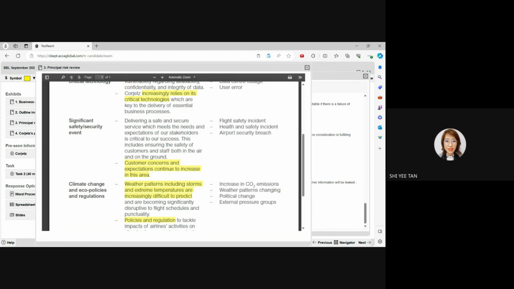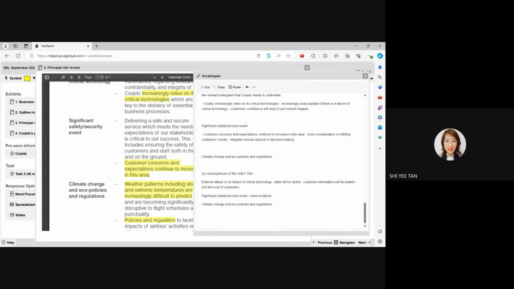What do they call these? Flight safety incidents, health and safety incidents, and so on. You will have more incidents happen, right? Or accidents. More flight accidents happening. Okay.